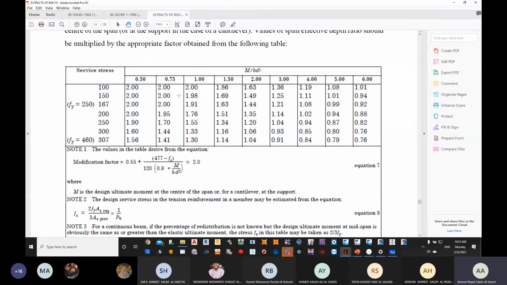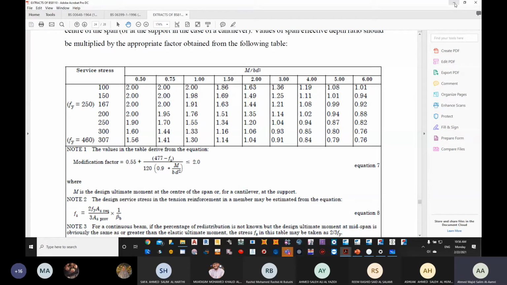Normally the typical range of M over bd square is between 0.75 to 1. Once again, this is a typical range, I'm assuming that my range is between 0.75 and 1. You can see that our modification factor starts from 1.3 to 1.4. That's why you have been told previously that the modification factor can be taken from 1.3 to 1.4. It came from this particular table.